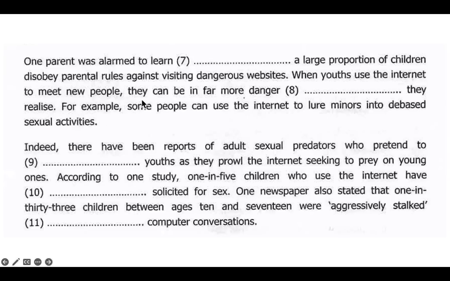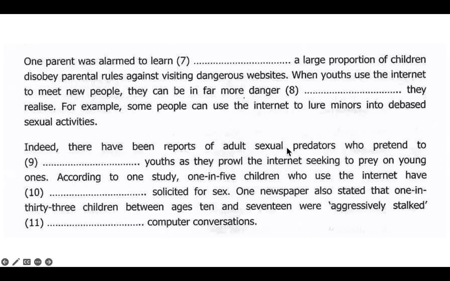And then, for example, some people can use the internet to lure minors into this base, social activities. Indeed, there have been reports of adult sexual predators. So I hope you know what sexual predators are.